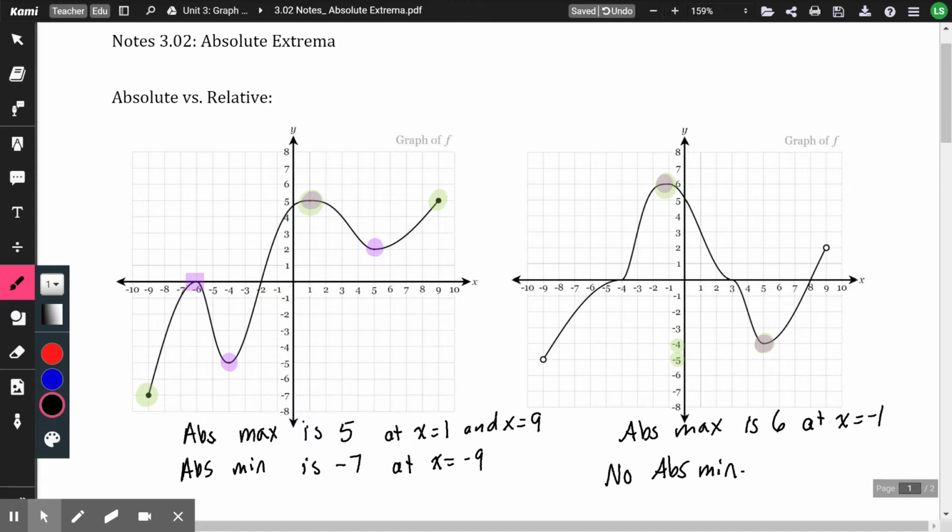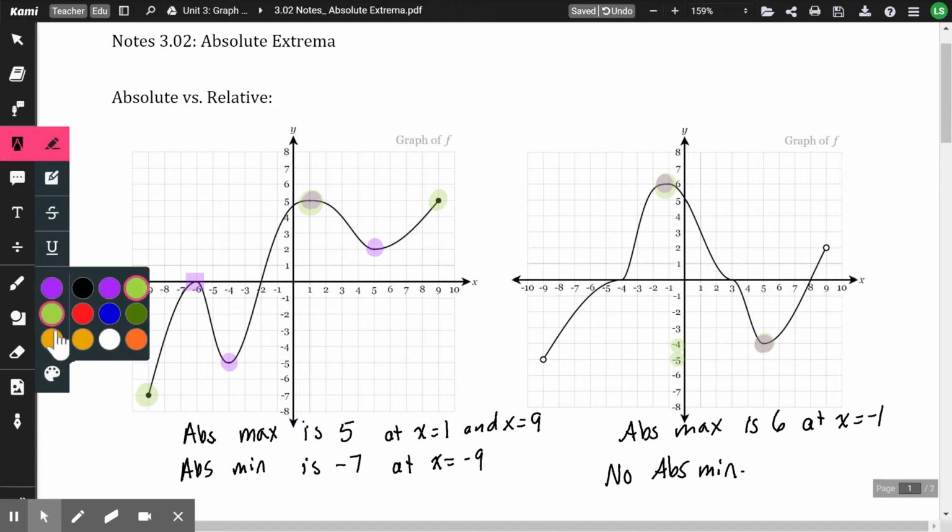That's really the most important part of this. So we're really just trying to highlight what that y value is for these extreme values that we have. The location of where those are located, or the domain part of where those maxes and mins are located, is kind of a second thought when it comes to absolute.